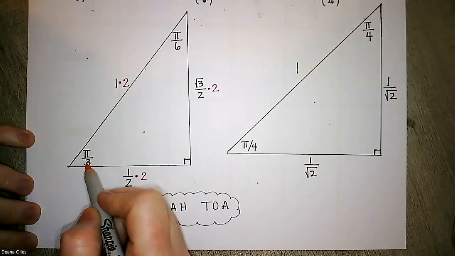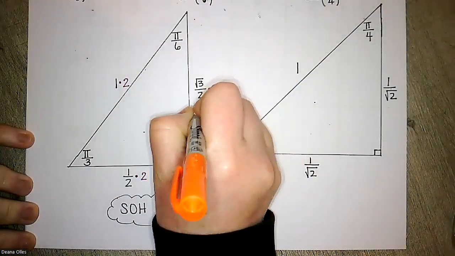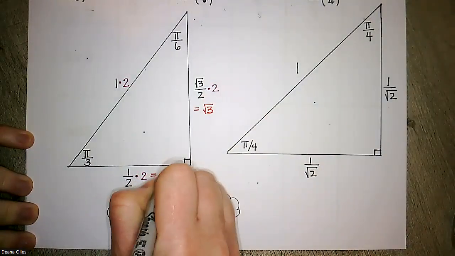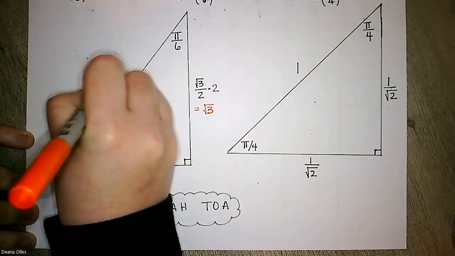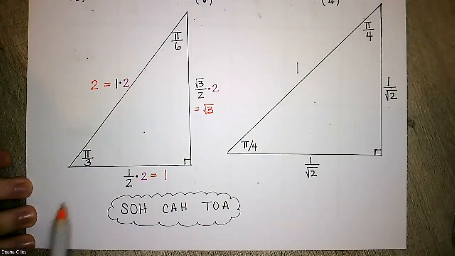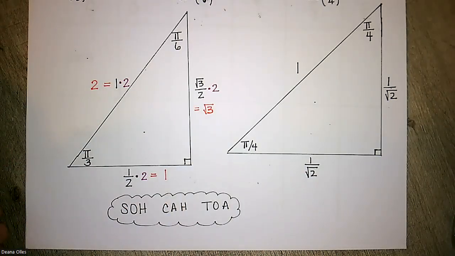All right, you have still pi over 3, pi over 6, and pi over 2 for your angles. So you would have a radical 3 for a side, 1 for a side, and 2 for a side. So you may have learned it as 1, radical 3, 2 in a previous class. And that will tell you the exact same thing.